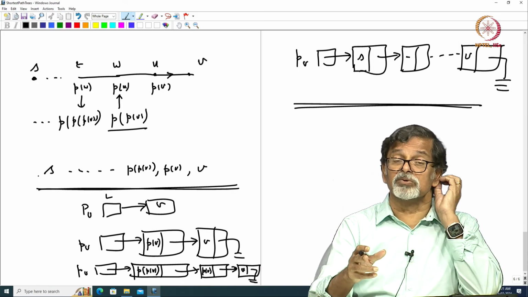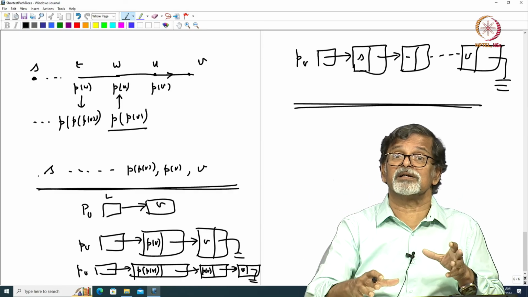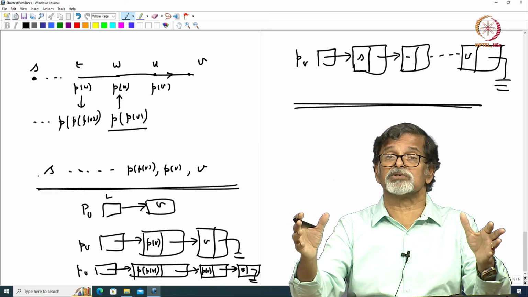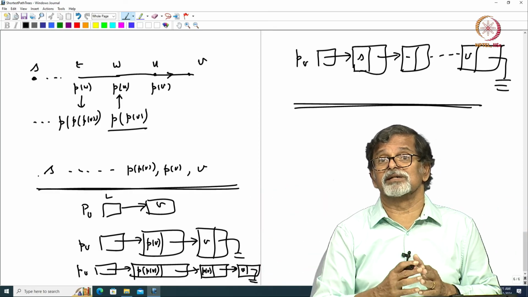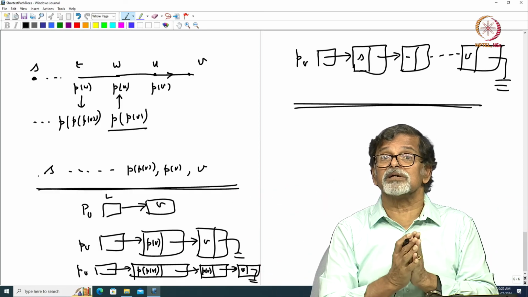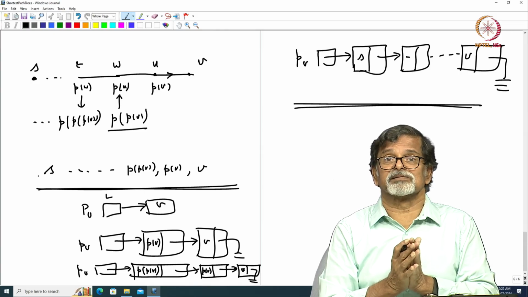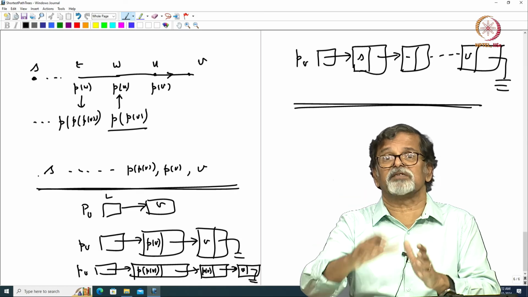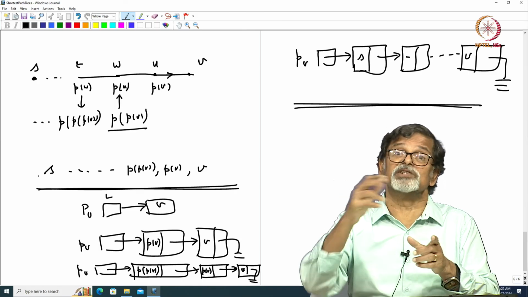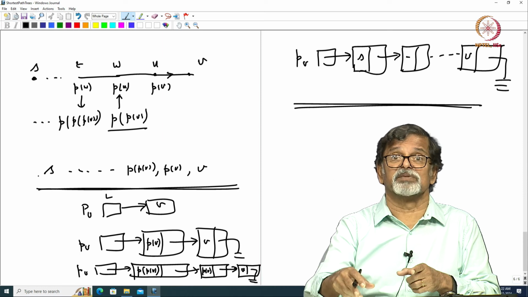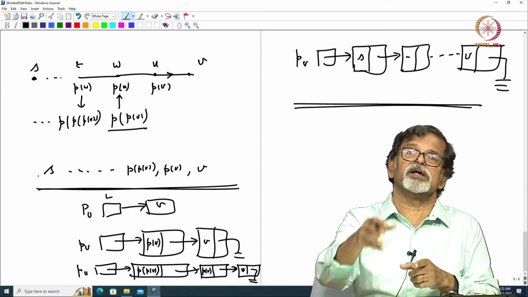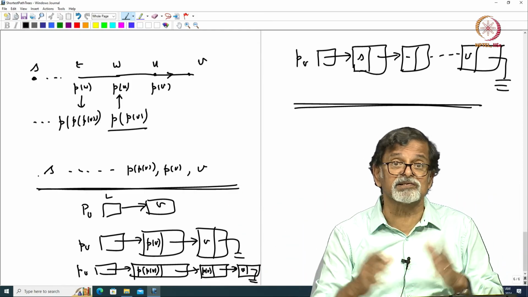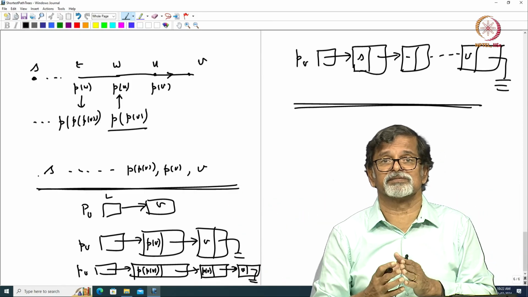P of V is used as and when required, as and when you require a shortest path, that P array will be used to actually build the path. I am not going to output the paths, I am going to output only P of V. If you require physically the path, you generate it starting from the vertex, apply P of V, P of V and so on, go to S and output those sequence of vertices, you have the physical path.